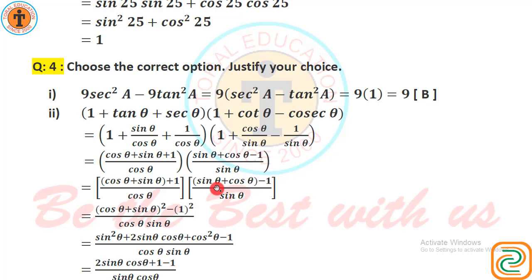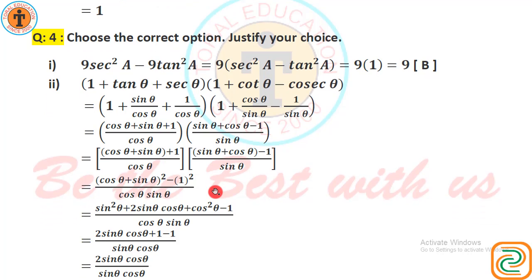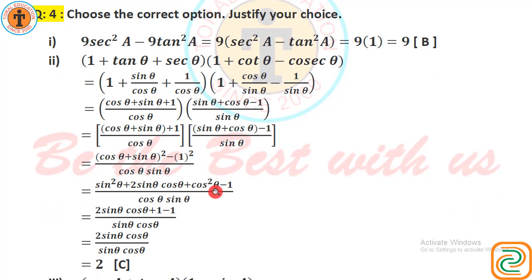Okay. Question number 4. Choose the correct option. Justify your choice. Why have you chosen this option? First is 9 sec square A minus 9 tan square A. Right? So we have done the sum here.